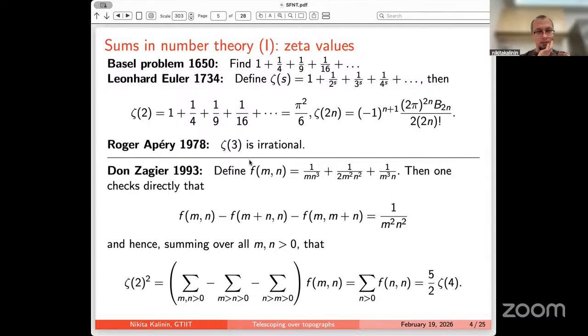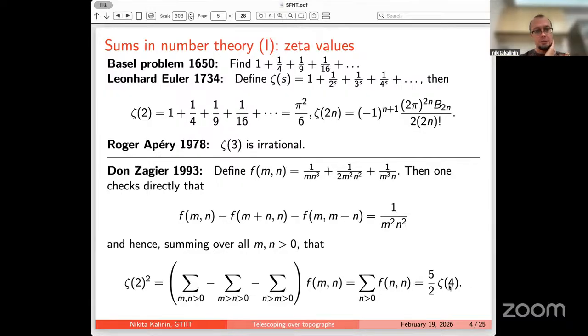So if you take a sum of f over m and n. And on the other side, here you will see just zeta of 2 squared. So it means that just by summing this equality, you get a non-trivial relation between zeta of 2 and zeta of 4.